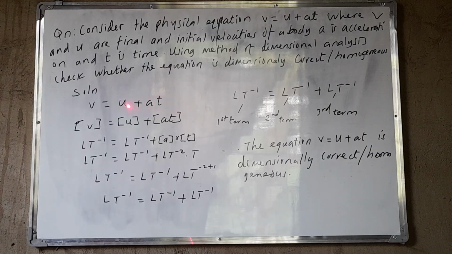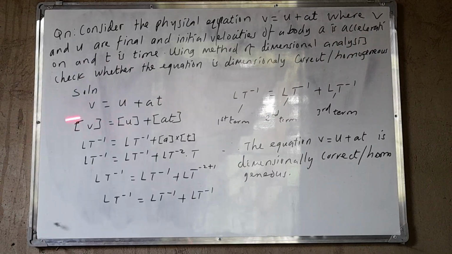For example, consider the physical equation v = u + at, where v and u are the final and initial velocities of a body, a is the acceleration and t is time. Use dimensional analysis to check whether the equation is correct or not.